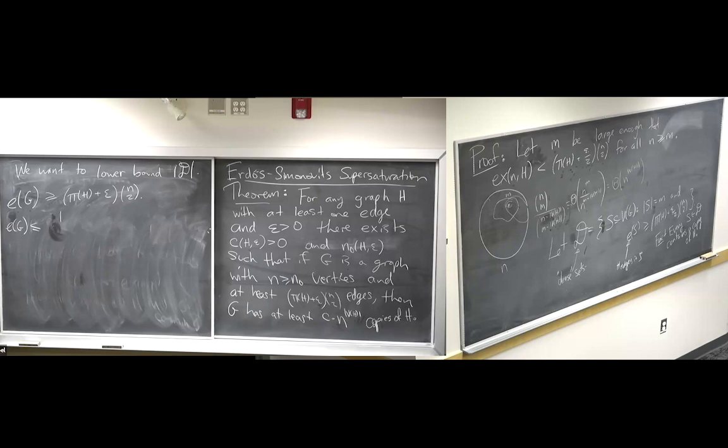I want to count the edges by going over all the sets of size m and saying how many edges are in each set. If it's a dense set, it might have a lot of edges, but if it's a sparse set, it's going to have few. Summing over all sets of size m overcounts the edges: each edge will be counted exactly n minus 2 choose m minus 2 times, so I'm going to put that on the bottom.